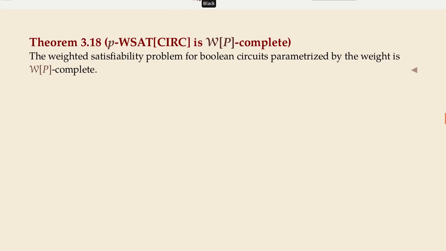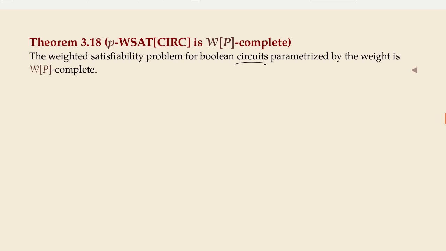And here's a theorem that says this weighted satisfiability problem for Boolean circuits is WP-complete if you parameterize by the weight of the assignment. So it's the problem that we've been talking about before. You're given this formula implicitly as the circuit and the number k.